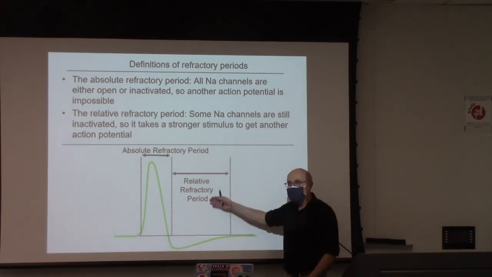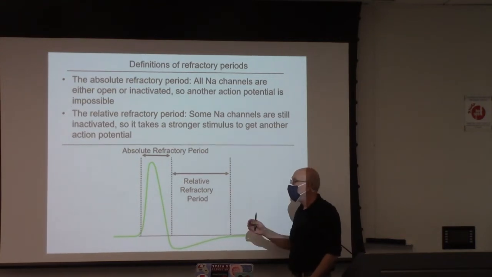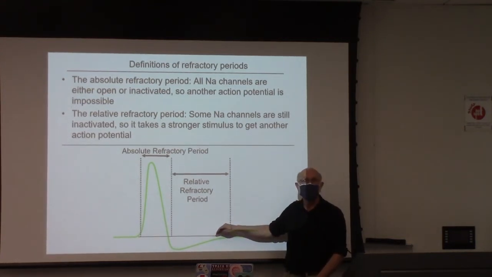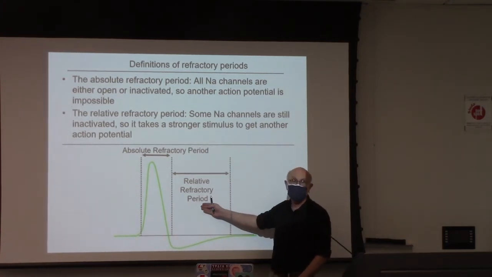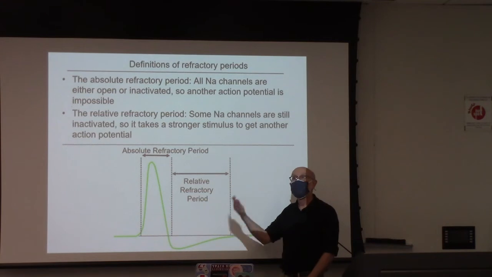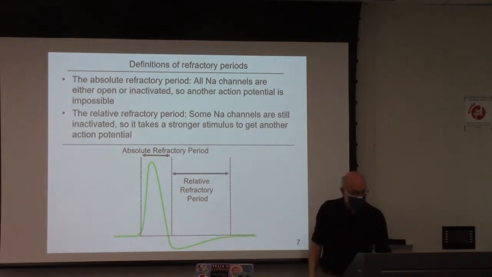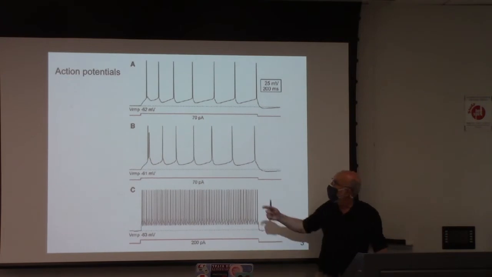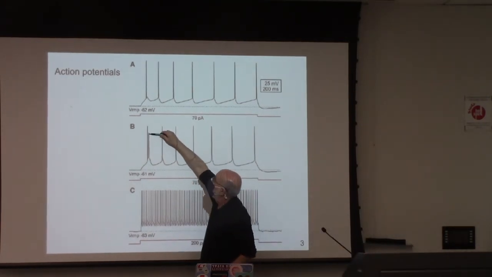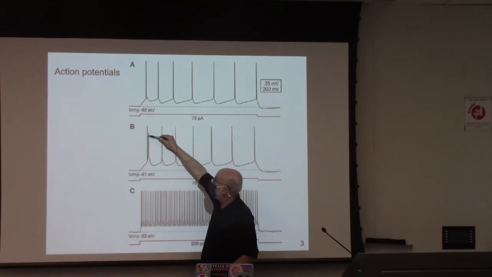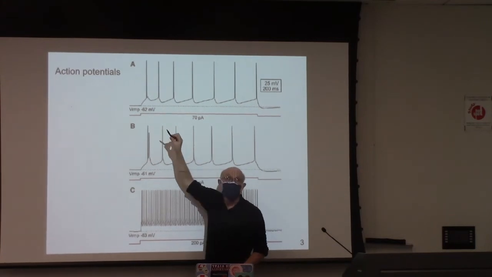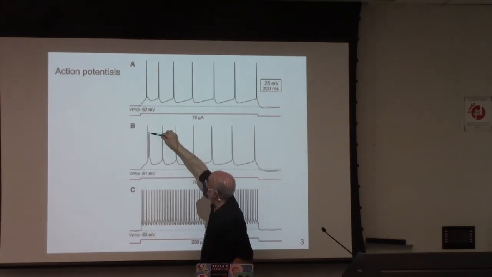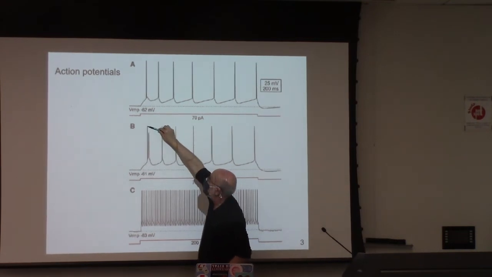And during the relative refractory period, because only some of the sodium channels have recovered from inactivation, what does that tell you about the amplitude of action potentials during the relative refractory period? They're going to be smaller. So we see that in this experiment. This action potential happened because this depolarization was big enough, but this cell is still in its relative refractory period at this point in time after this action potential.